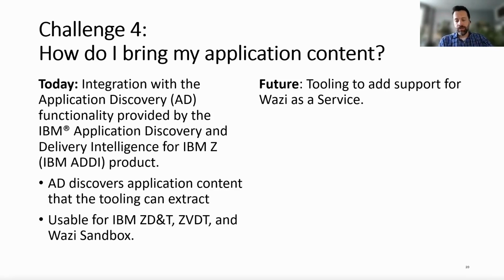Here is all of the content that Application Discovery says you need. So here is the list of all the data sets and things like that that need to be extracted. This is possible today with ZDNT, ZVDT, and WASI Sandbox, in being able to build that data set component that represents your application.